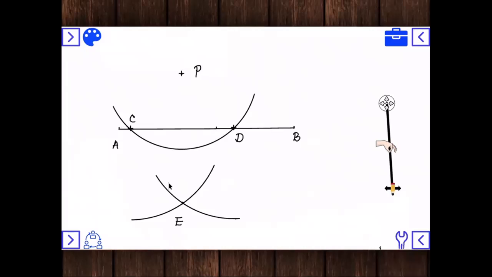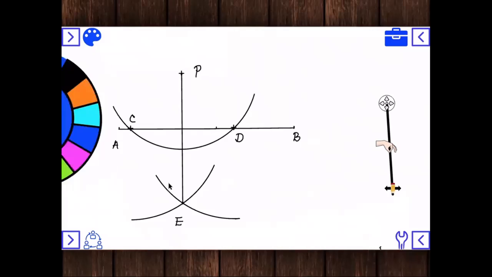And now we're claiming that if we join point P and point E, the line segment PE is perpendicular to the line segment AB. Okay, how do we prove it? How do we prove it?